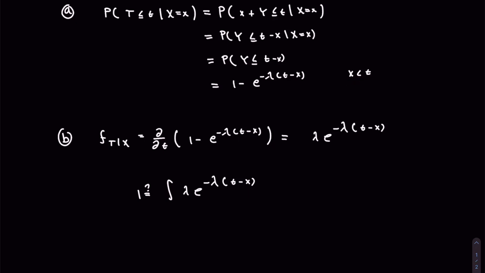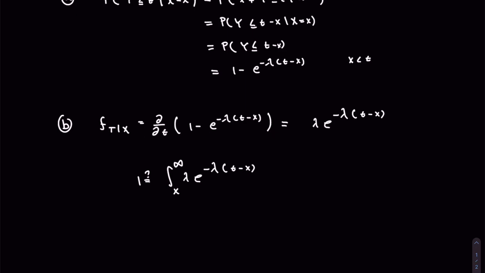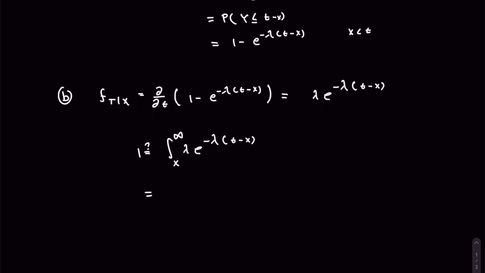We start from x, so we're integrating on t space, x up to plus infinity. And this we can just exchange. So we have dt, right?